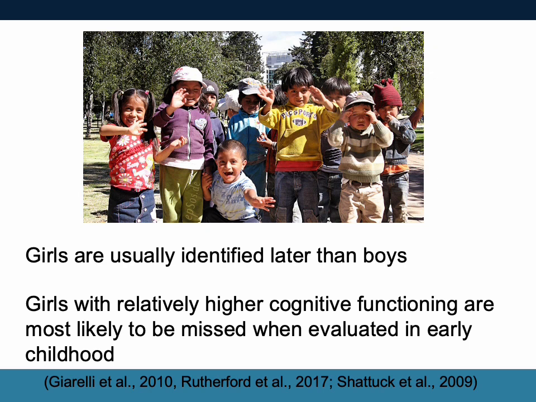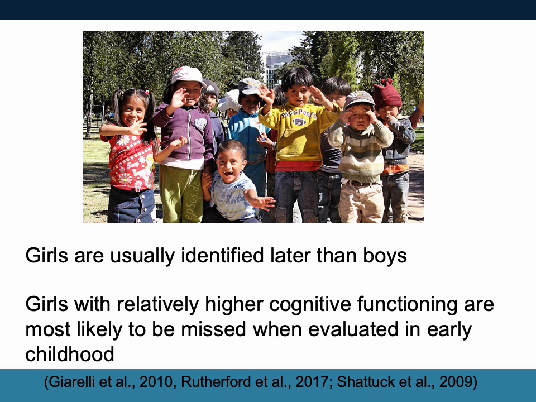There are places where we're doing a better job in identifying more younger children, but if you consider the average age for boys to be around 4, some of the available data from Shattuck and colleagues suggests that girls aren't identified until closer to the age of 8. So that is a significant gap in identification and really shuts the door on any possibilities for early intervention.